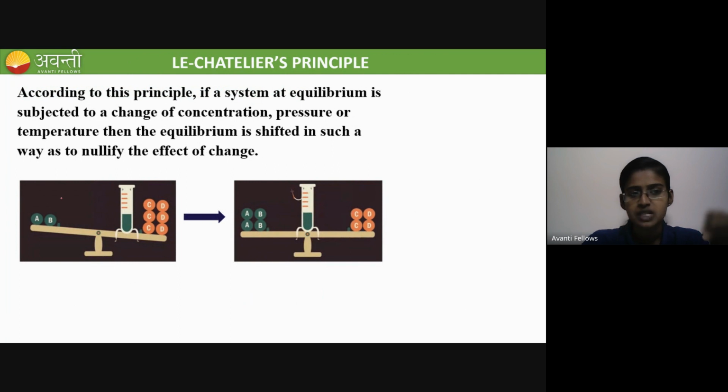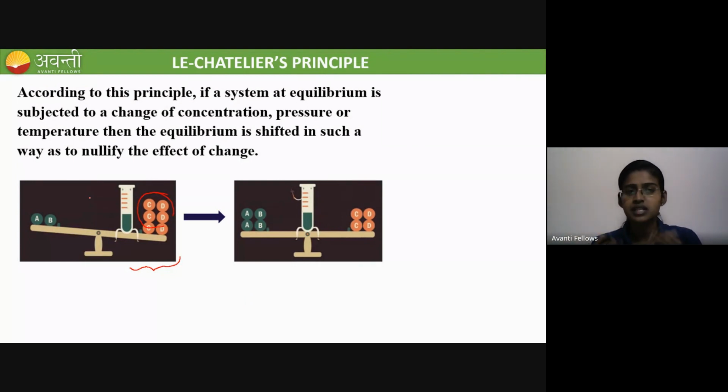Now, for example, you take this picture. We have A plus B giving C plus D. And here what I'm doing is increasing the concentration of C and D. So in this case, what happens? The reaction will try to keep them in equilibrium by nullifying the increase that has happened on one side.